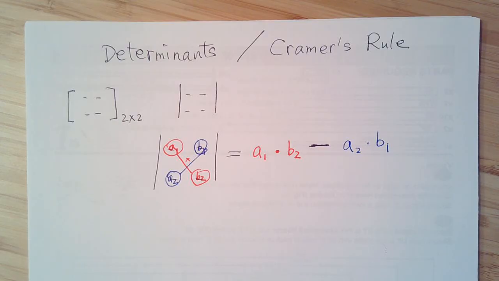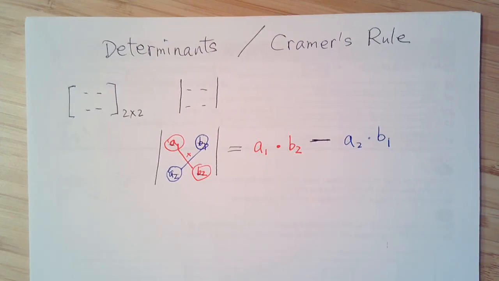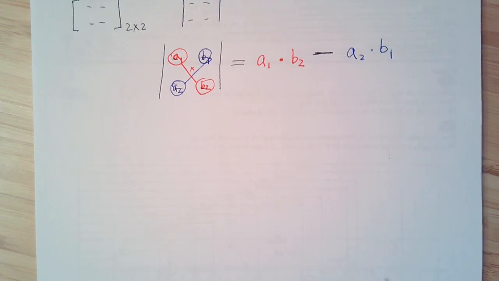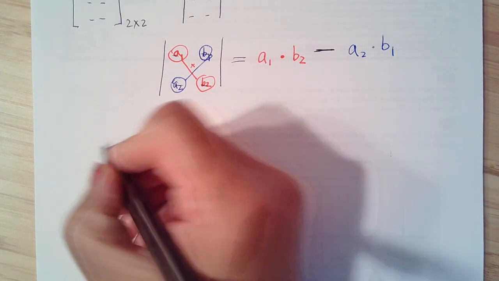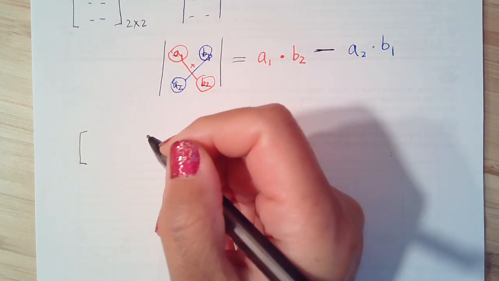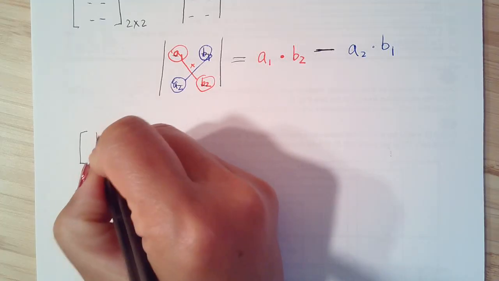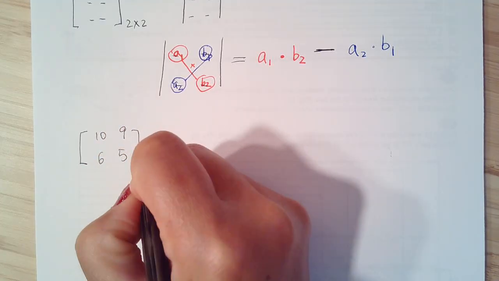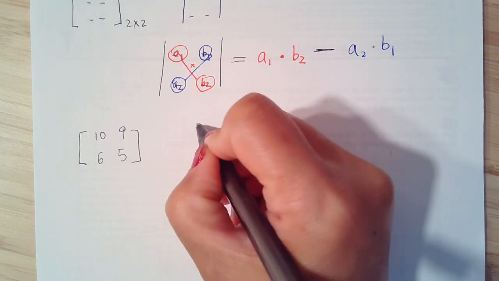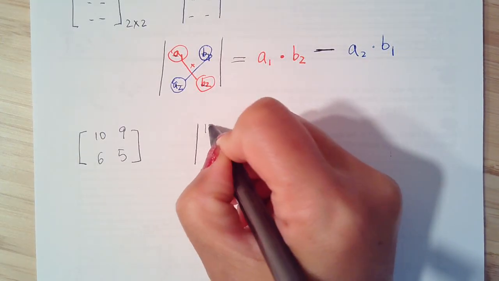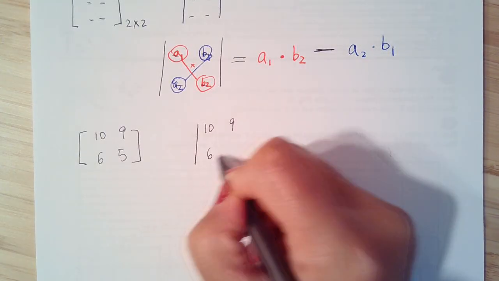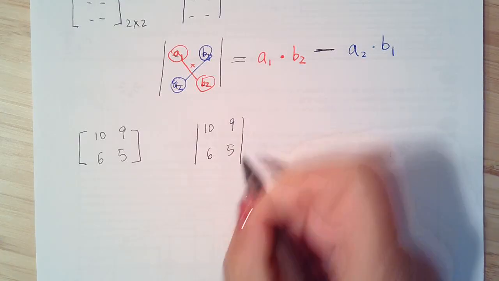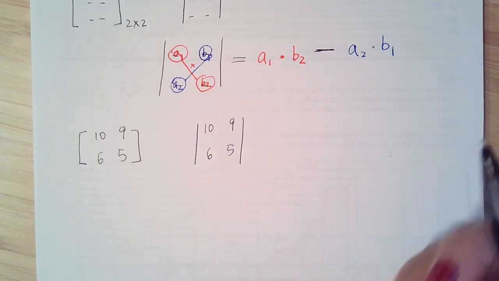Let's try a couple of questions, then you're going to see how we do that. It's very easy. Find the determinant of 10, 9, 6, 5. Can you do it? The determinant looks like this. Once you put them in the bar, I know you're going to give a single value at the end.